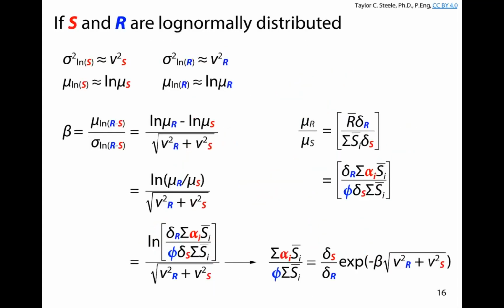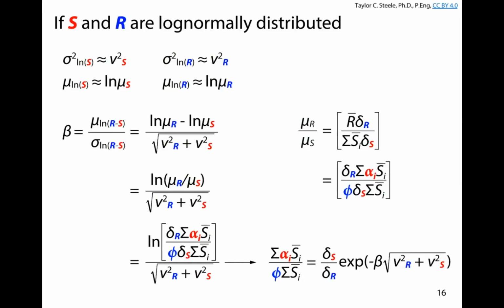Basically, if we have a relatively small variance, then we can estimate the mean as the log of the mean values and the standard deviation as the variance of the values. In that case, beta is still going to be the average of the subtraction of the random variables divided by the standard deviation of the random variables.